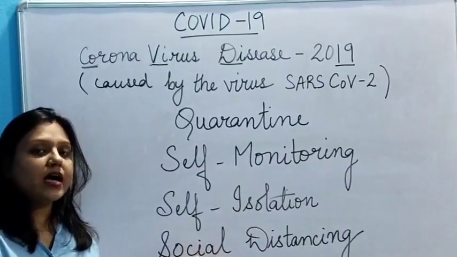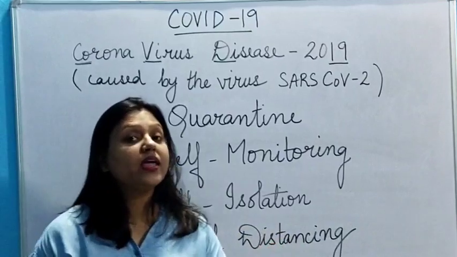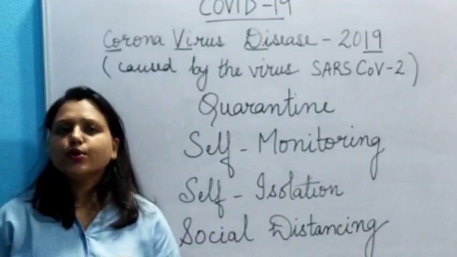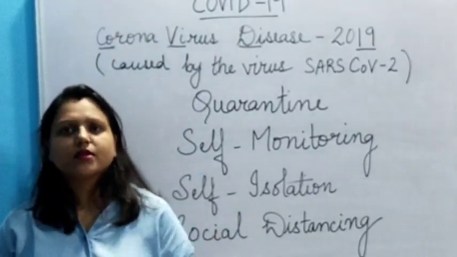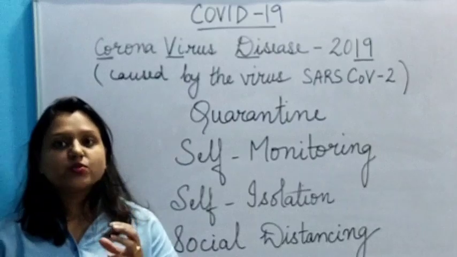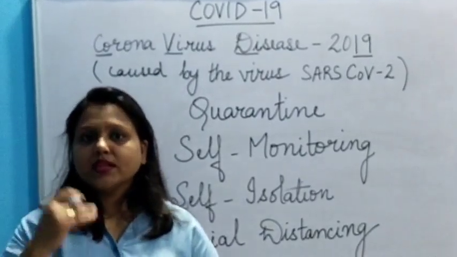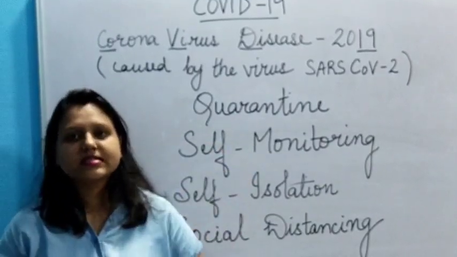This is a term which we are going to bring into practice for the upcoming months. So, social distancing means keeping at least 2 meters between people and minimizing contact with others to slow the spread of this dangerous disease.